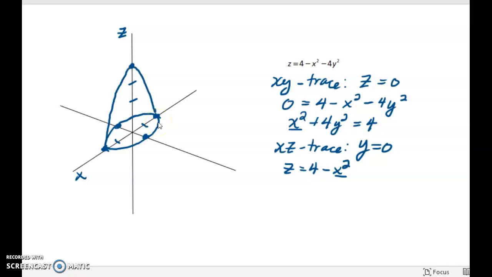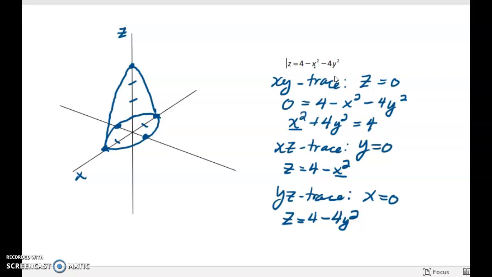And then let's do the yz trace. The yz plane is defined by x equals 0. So we let x be 0 up here, and we get z equals 4 minus 4y squared. Now that's also a parabola. The y-intercepts I get by setting z equal to 0.